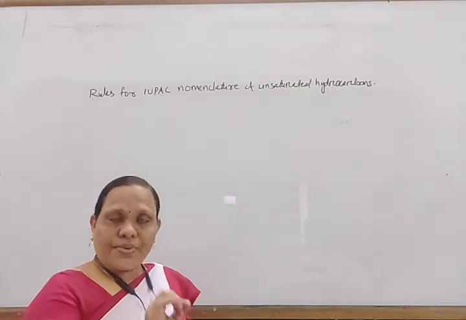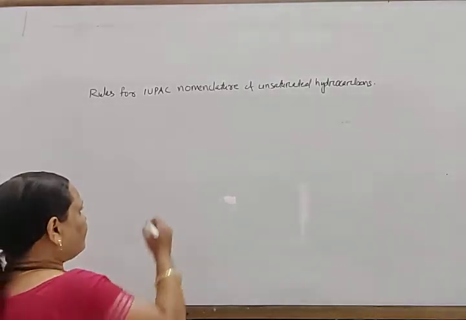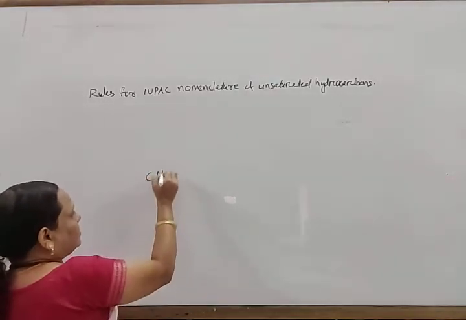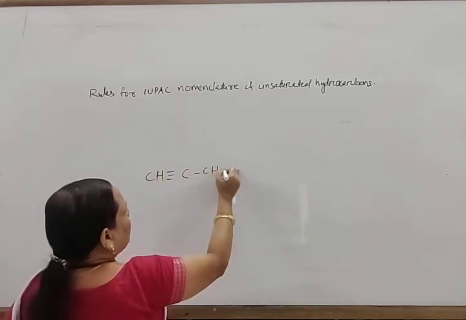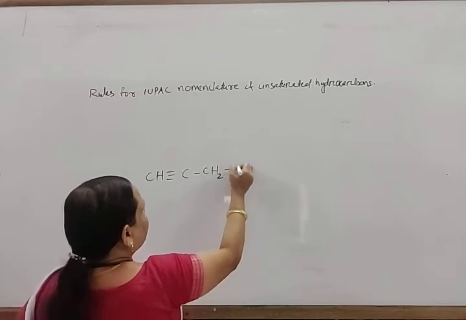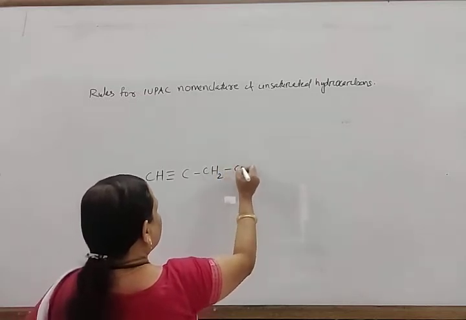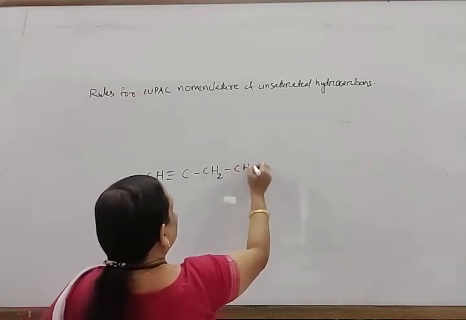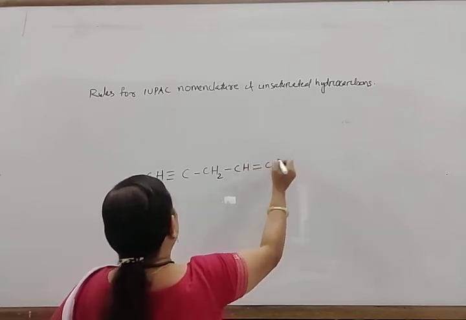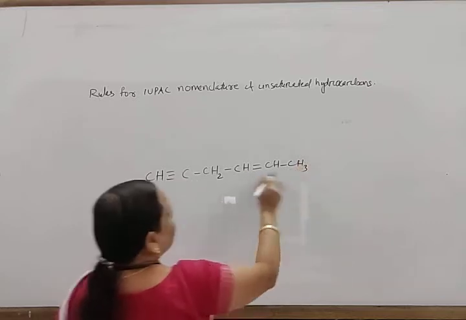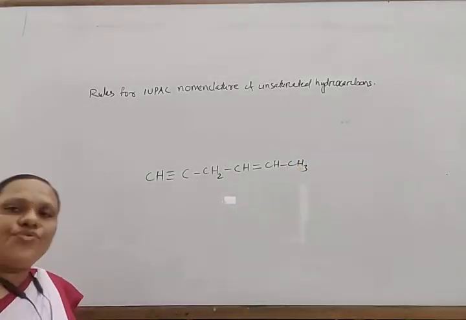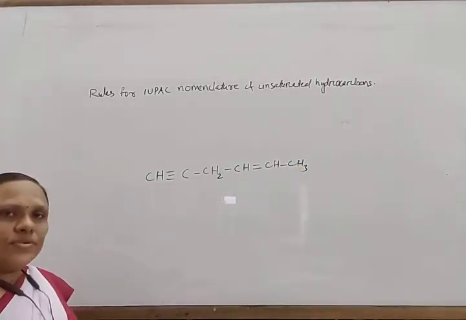Okay, look here, it is given CH triple bond C, CH2 and CH double bond CH, then CH3. So first look at the position.